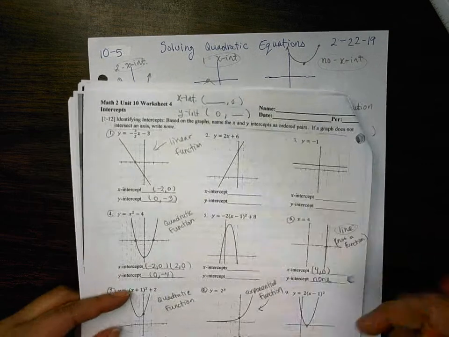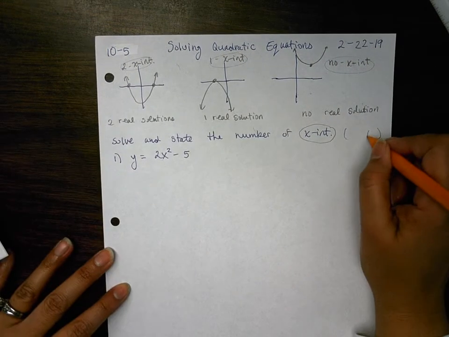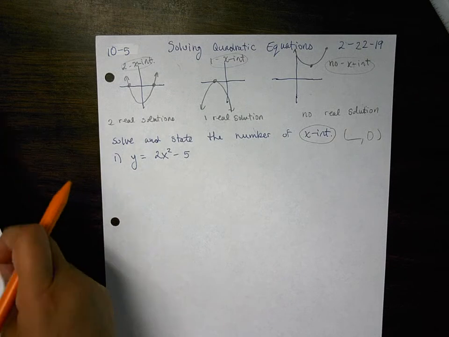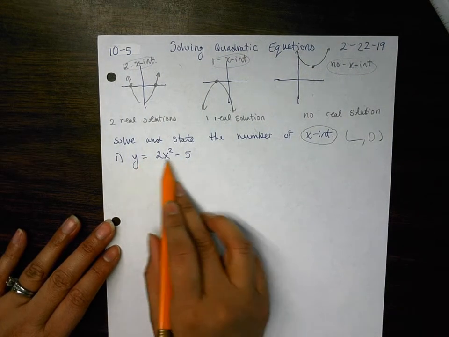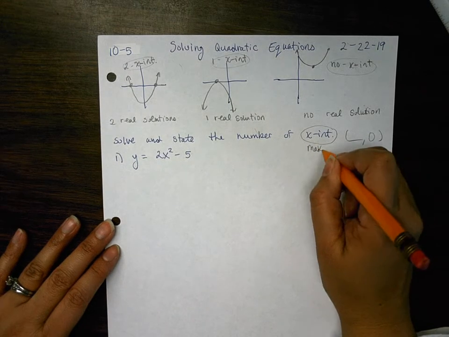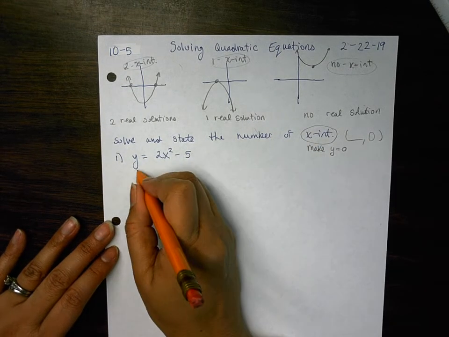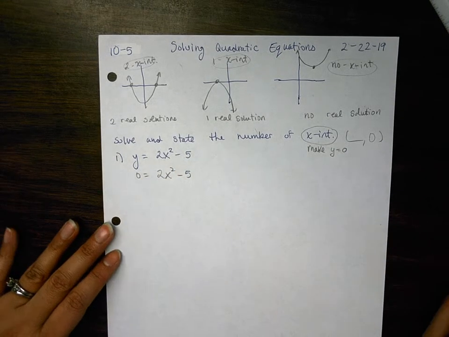Here are the homework notes. X-intercept is blank, 0. So if I'm looking for an x-intercept, what letter am I going to make equal to 0, x or y? Y. All right. 0 equals 2x squared minus 5.